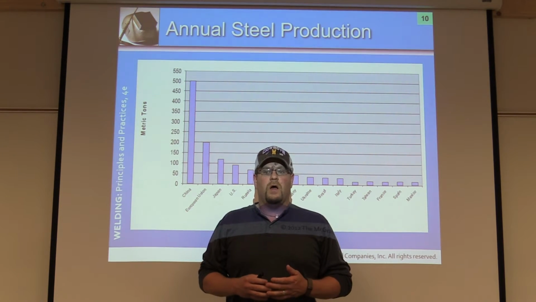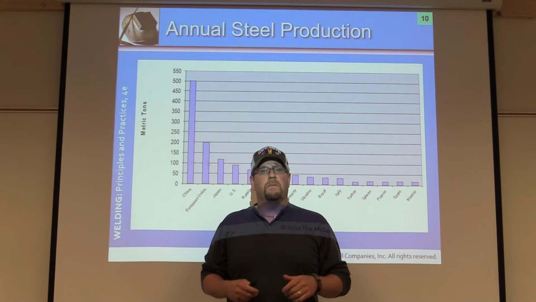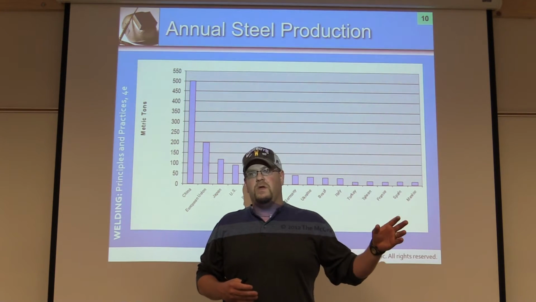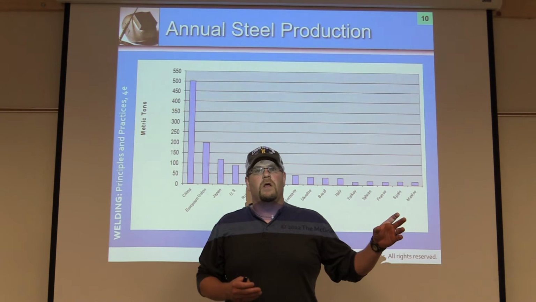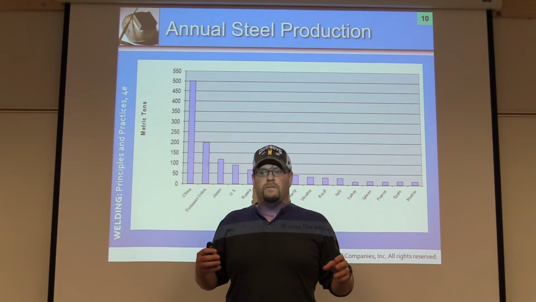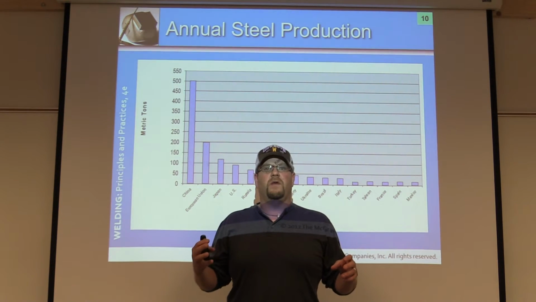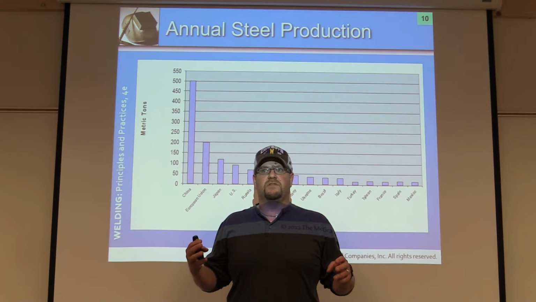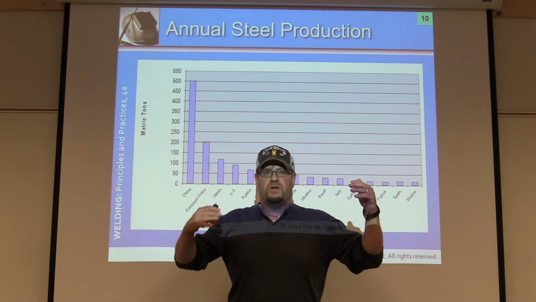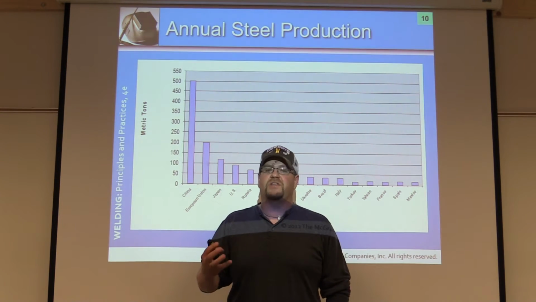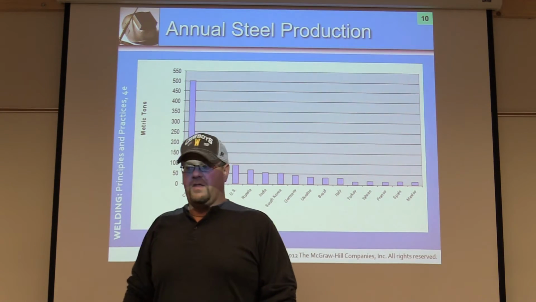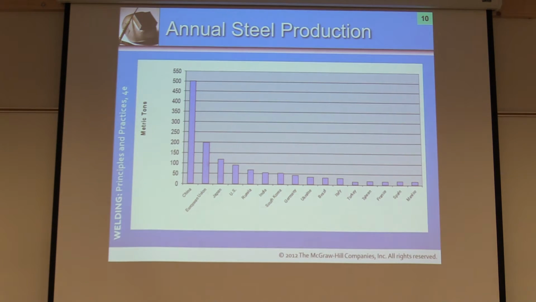Not exact figures, but just a comparison. Say 100 million tons of steel are recycled a year. I believe it was close to about 1 million tons of plastic that is recycled in a year. So just a quick comparison, it's drastically more than anything else that's recycled.